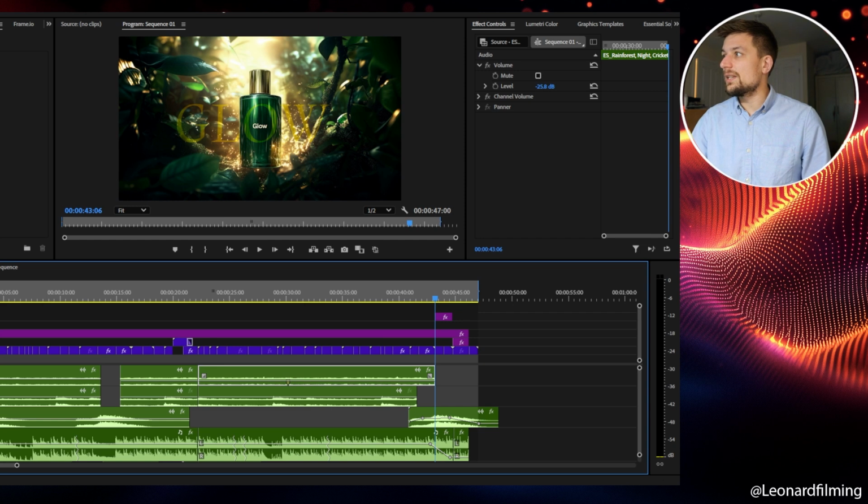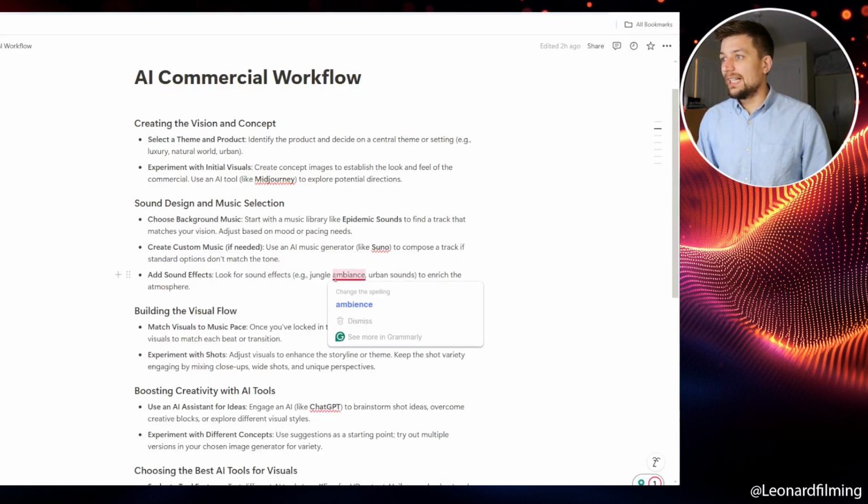So all of that is using AI as well. And so there we have our background music, and then I went back over to Epidemic Sound and used some of their sound effects. So the jungle sounds, the jungle ambient sounds, and to really just create the atmosphere. So it wasn't just a drum beat sound.